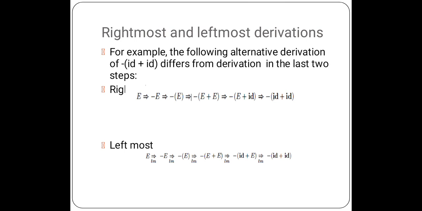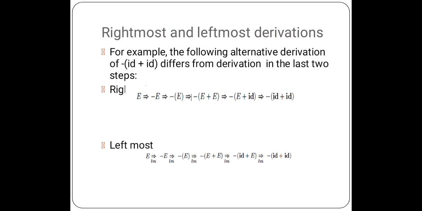And the next one is about rightmost and leftmost derivations. In short, I have given two examples. In the first example, which is about rightmost derivations, you have the start symbol and then the final input string.